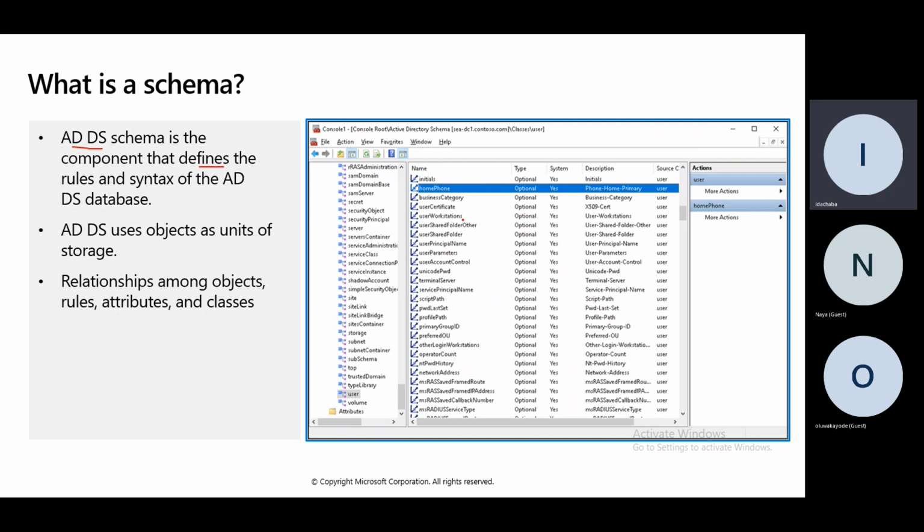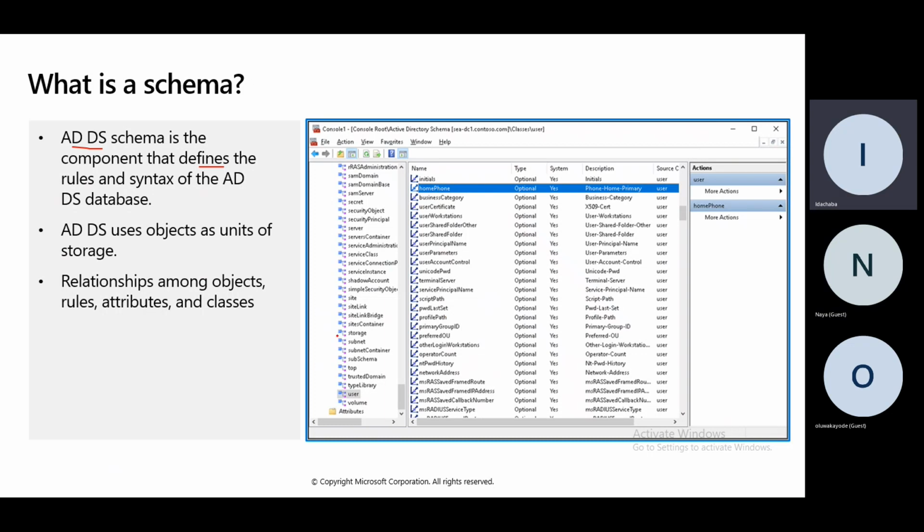So these are different partitions. If you look at this now, it's saying initials, home phone number, business category, users. So the whole lot that this has defined. Where you say home phone number, you only put the phone number you use at home. When it says mobile, you put your mobile phone number, right?